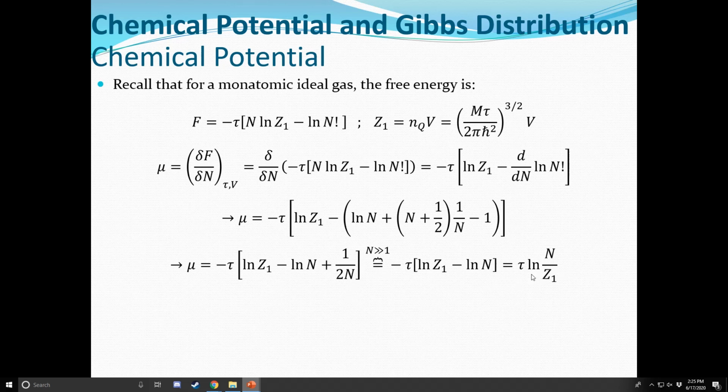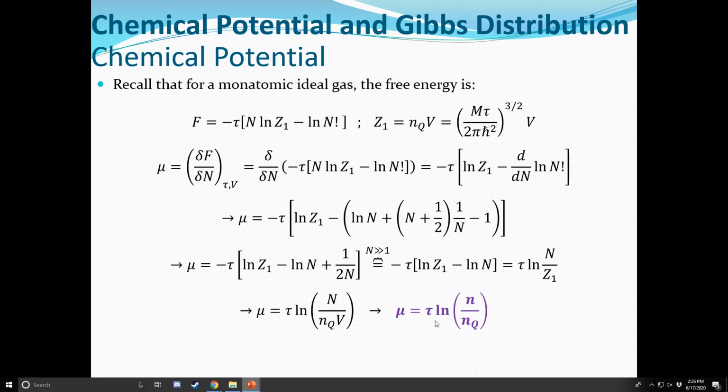And then it ends up simplifying to ln of N over Z1, recombining some of the terms for what Z1 is. And we can actually now write the chemical potential in a much simpler form that looks like this.